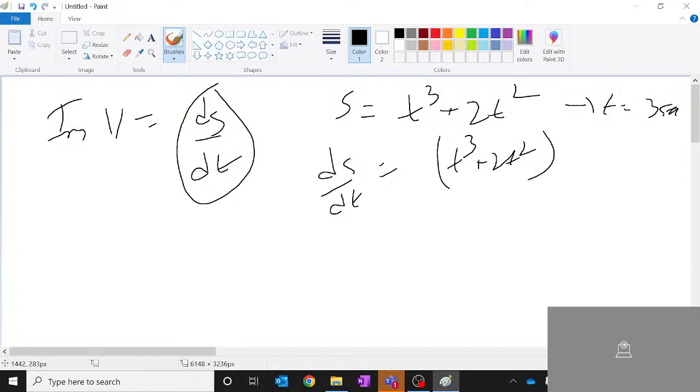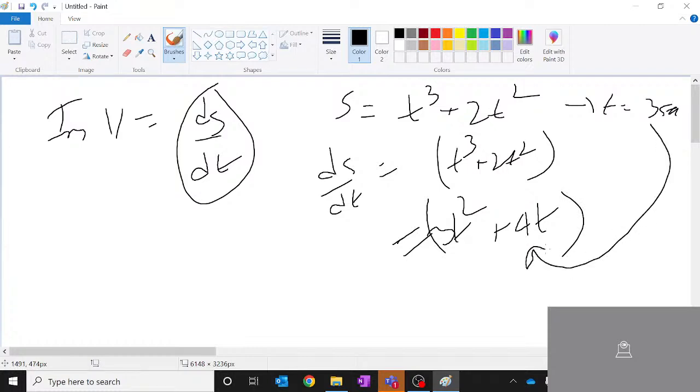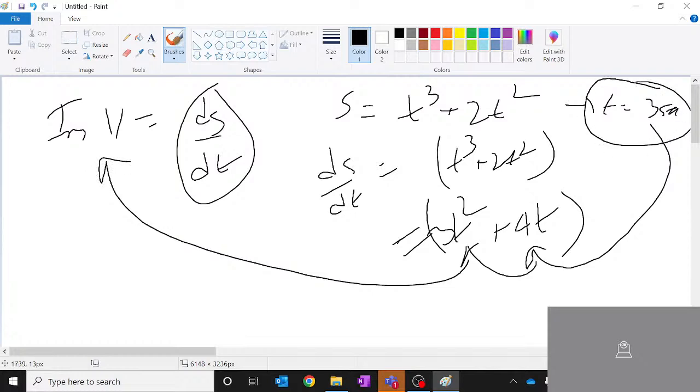The differential of this is 3t square plus 4t. Now I substitute t equal to 3 seconds, and I get my instantaneous velocity at the instant when time is 3.